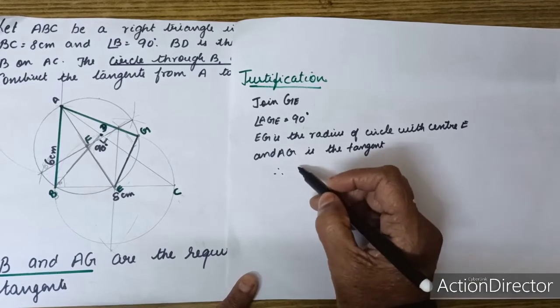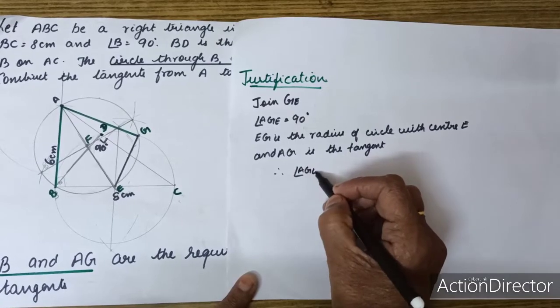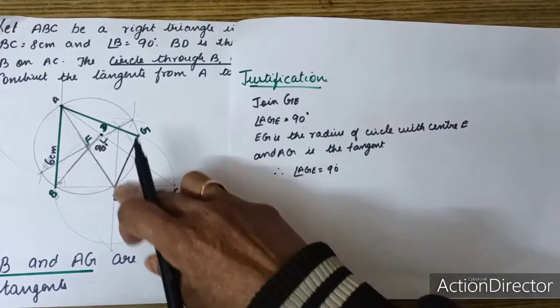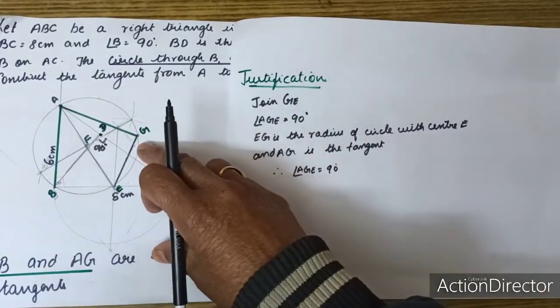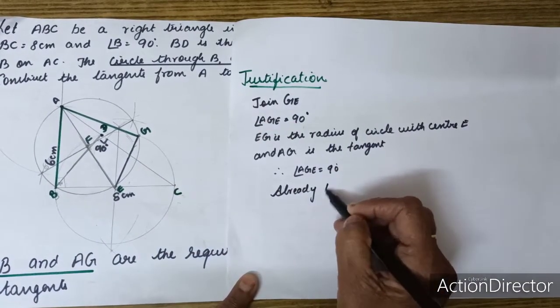Therefore, angle AGE is equal to 90 degree. As you learned the theorem, radius at the point of contact with the tangent is 90 degree, and already angle B is equal to 90 degree.